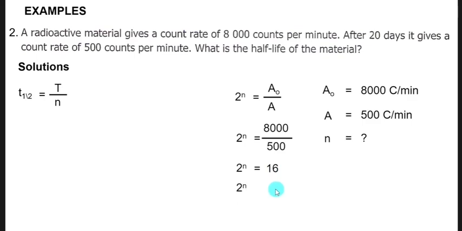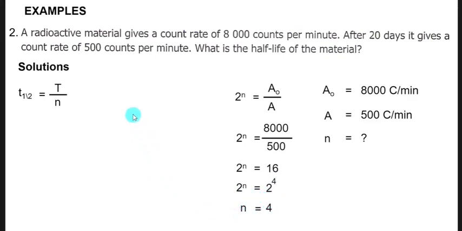Right? So you say 2^n is equal to 2 to power 4, because 2 to power 4 gives you 16. If the bases are equal, then the powers are equal. So it means n is equal to 4. So you have found n now.